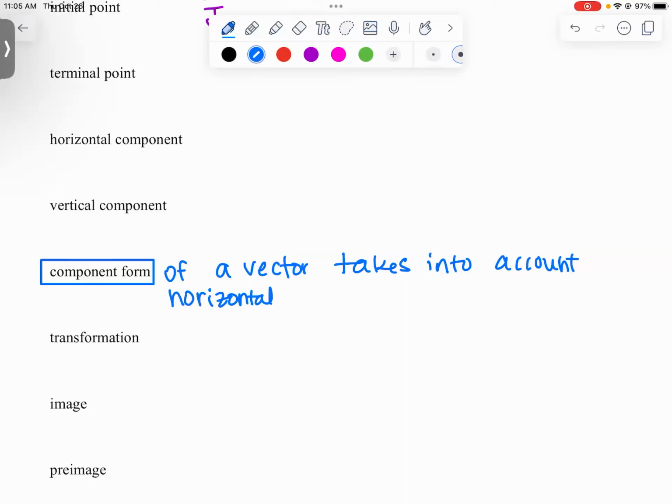So this is like a sentence, component form of a vector. Okay, so it's going to take into account both the horizontal and vertical components. I'm going to show you what that looks like.